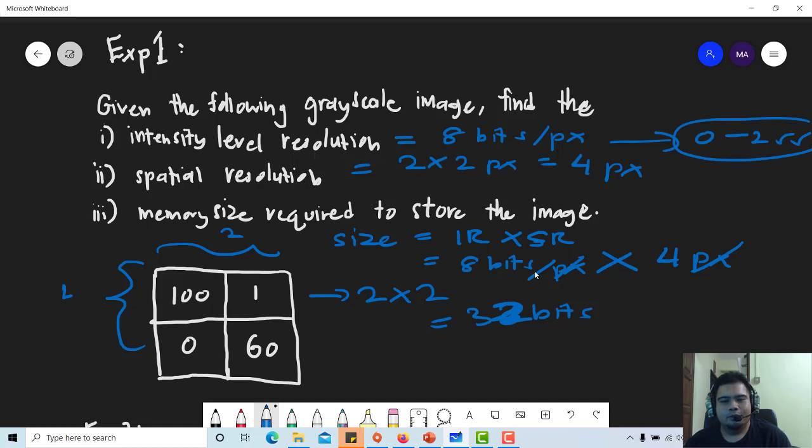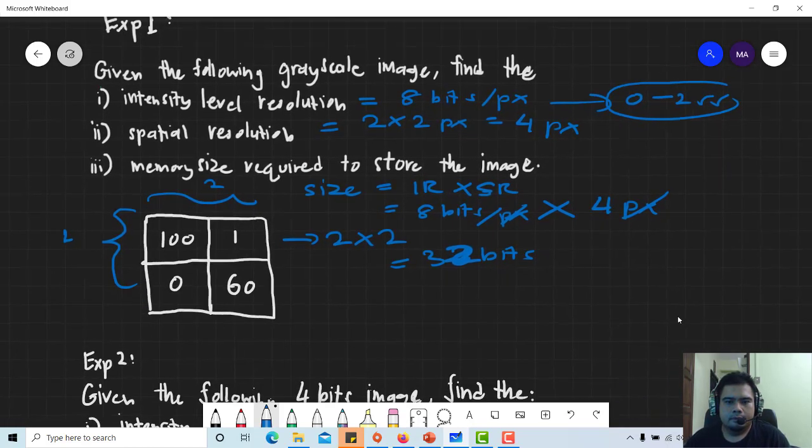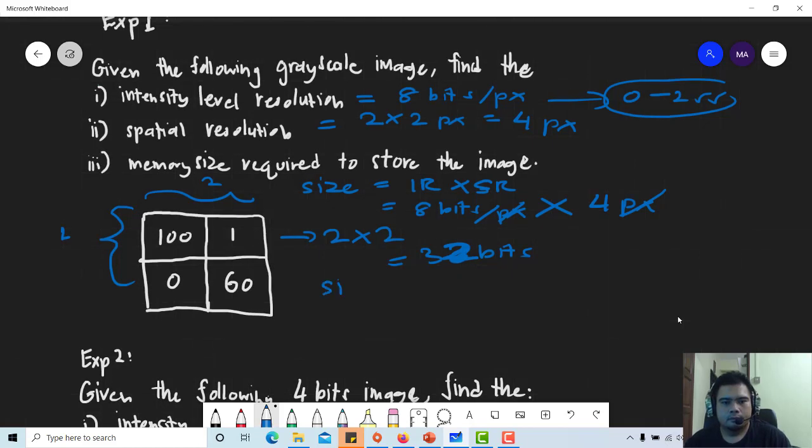Or in other words, you can also do something like this, because bit is not very commonly used in the computer. We know that the intensity level resolution is equal to 8 bits per pixel. If you learned electronic digits, 8 bits is equal to 1 byte.